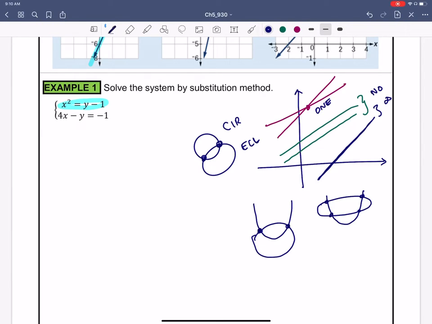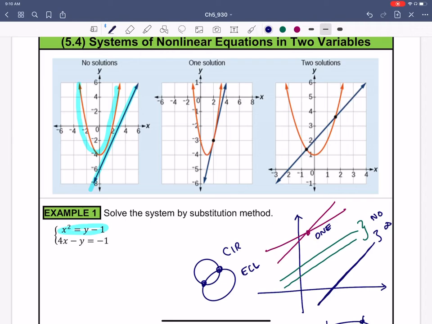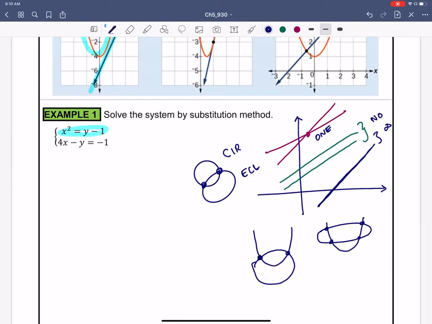There are many methods. One that we often use is the substitution method, and if it doesn't work, we'll look at other things. So let's see how to solve nonlinear systems using the substitution method.